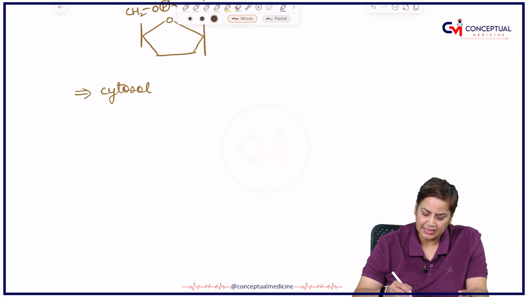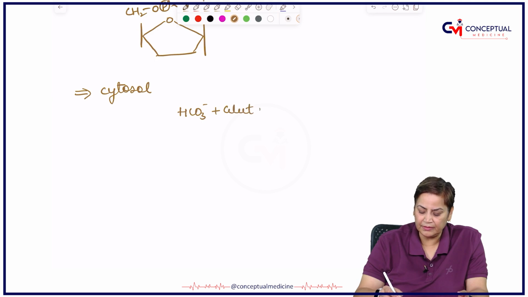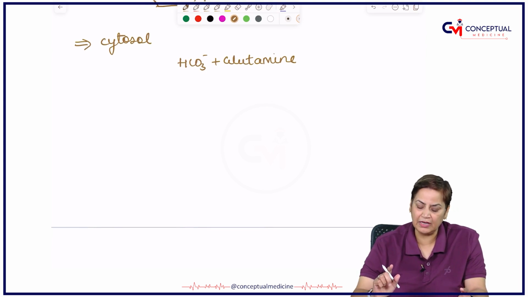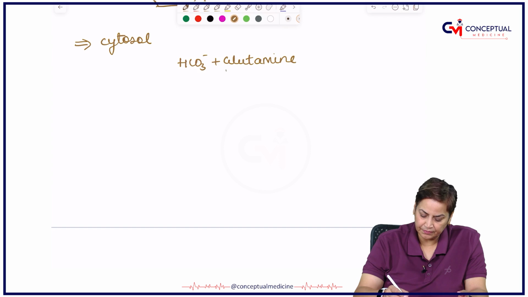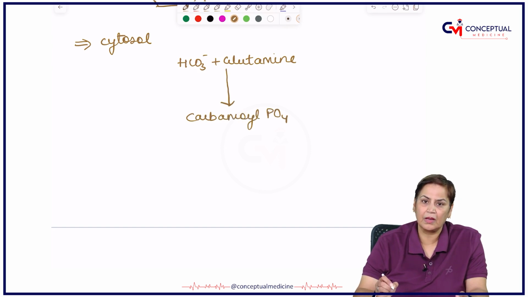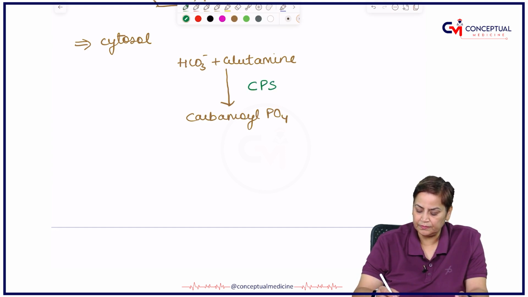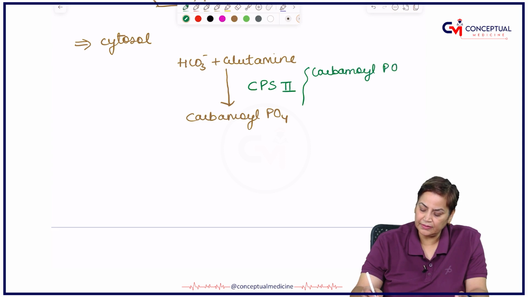So here, these bicarbonate ions, very important, will first of all combine with glutamine to form carbamoyl phosphate, and here the enzyme is CPS II, which stands for carbamoyl phosphate synthetase 2.